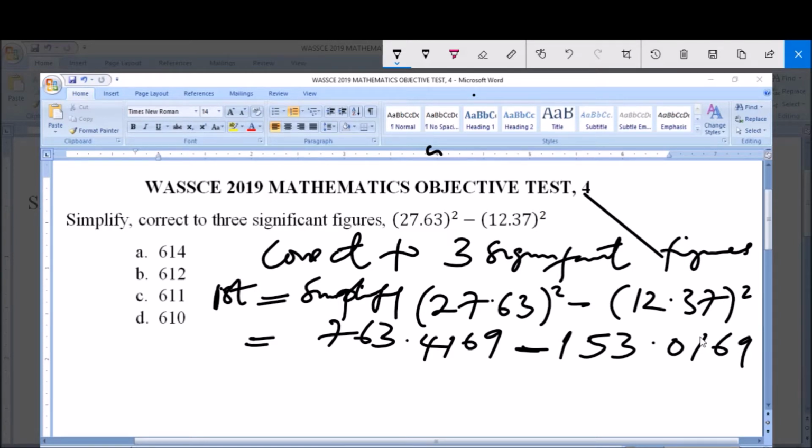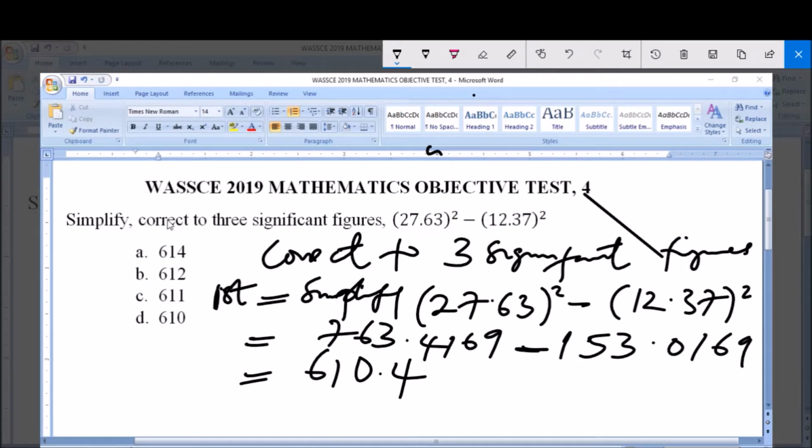And when you subtract 153.0169 from 763.4169, you get 610.4. Now 610.4 is what you get.